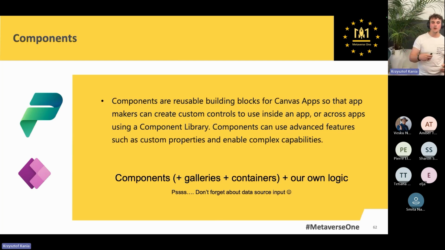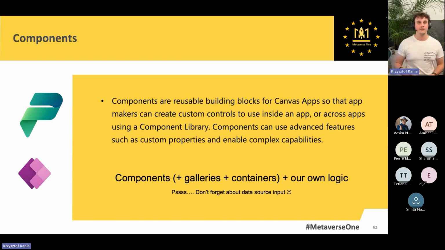So if you don't know, components are reusable building blocks available for us as developers, as citizen developers, inside Canvas apps. So we as makers can create those custom controls inside our application and utilize them all over our app. Okay, we can even go a step further.